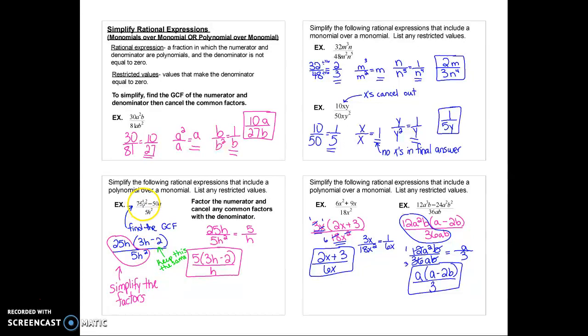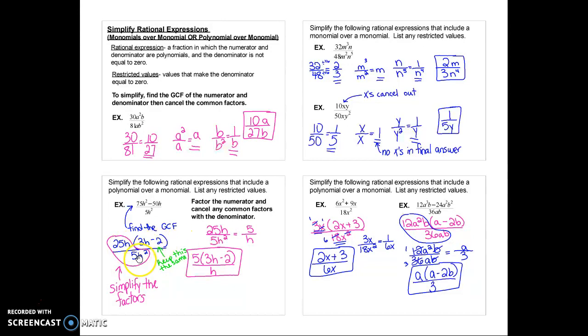So if I have a 75h squared, and I'm dividing it by 25h, I have 3h left over. Minus 50h divided by 25h is just going to be a minus 2. Then I can rewrite the denominator as a 5h squared. So all I did was factor out 25h out of that numerator.